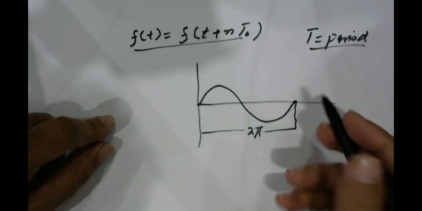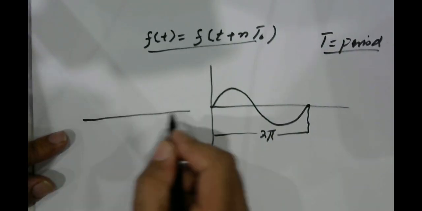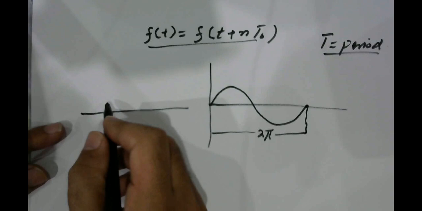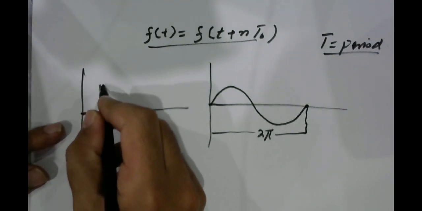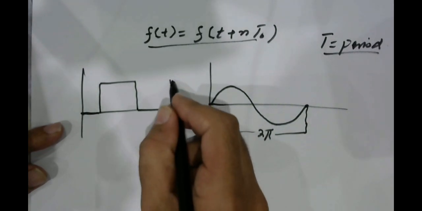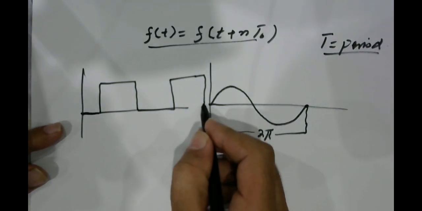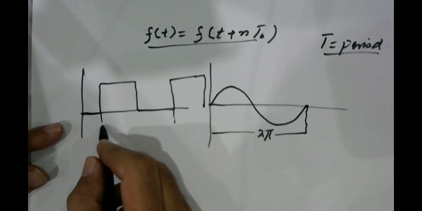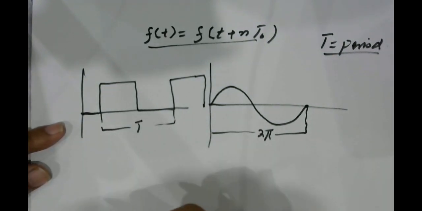Say we have another function, a square wave of this form. It starts somewhere, then ends, then again starts somewhere and ends. From this point to this point is its period T.